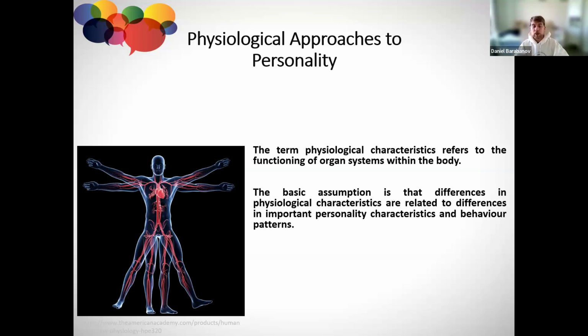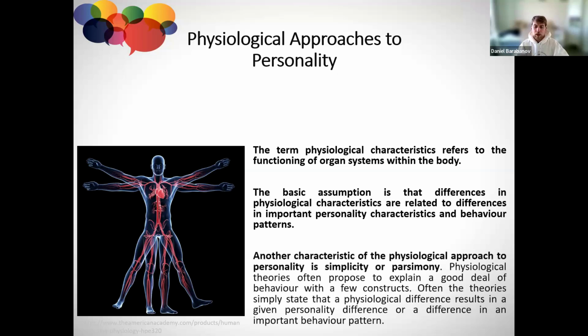So it's quite a simple idea, and it meets the criteria of simplicity or parsimony. Here, psychologists and physiologists offer a very simple type of explanation without including more, maybe unnecessary, concepts and drawing a strict line between physiology and psychology.